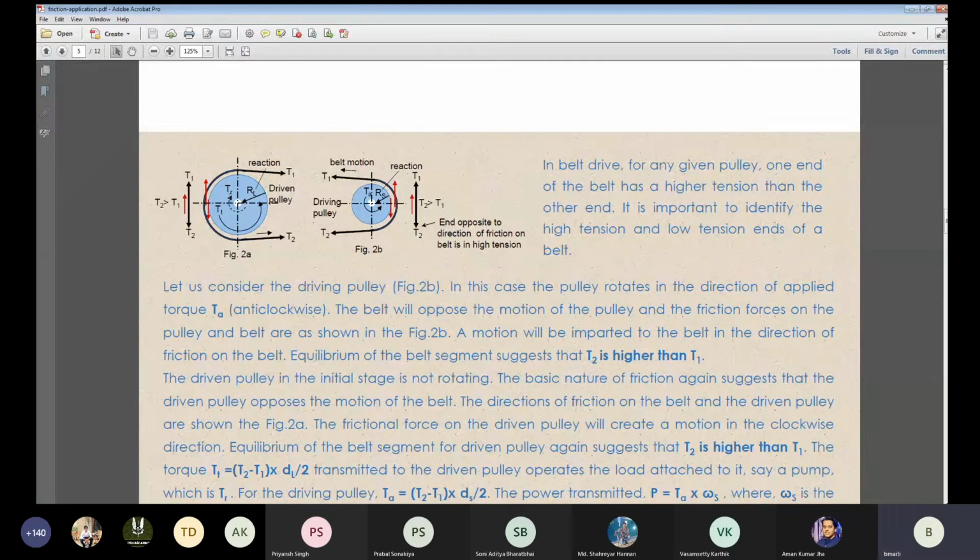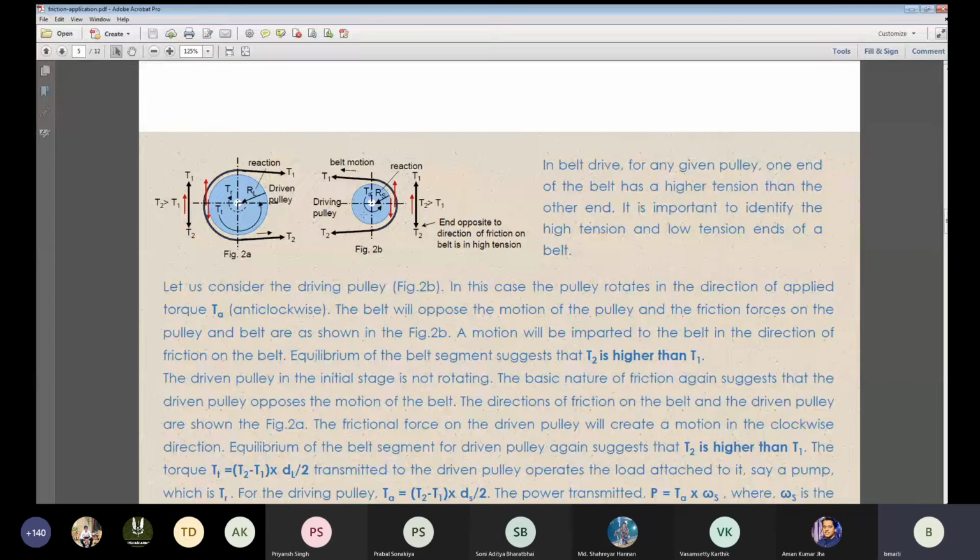And for the driven pulley, the equipment attached to it is the resisting force, where the input force has come from T2 minus T1 into R. That is the power that is being transmitted to this driven pulley, and the resistance is the equipment attached to this pulley.